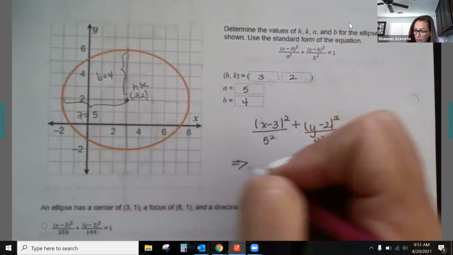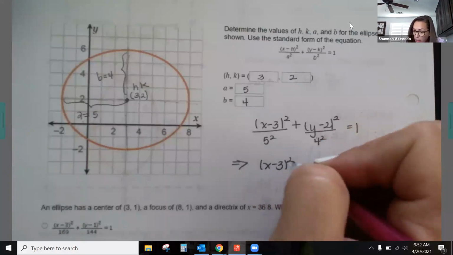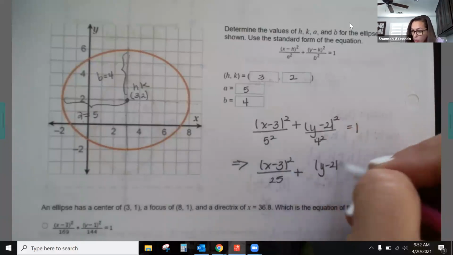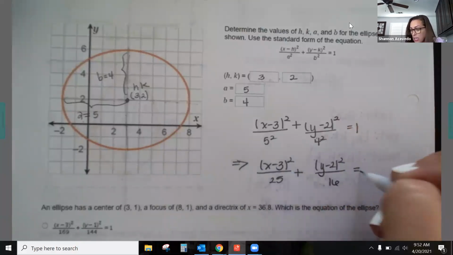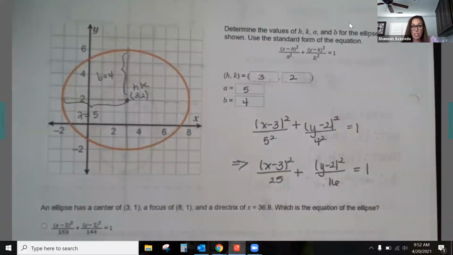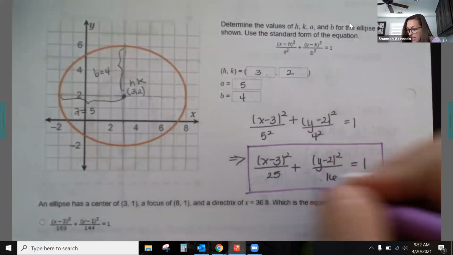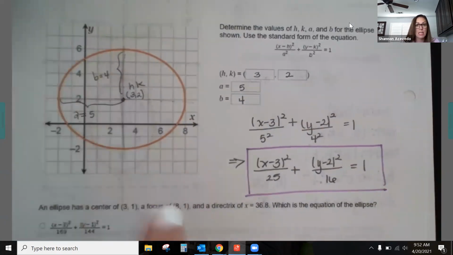In other words, x minus 3 squared over 25 plus y minus 2 squared over 16 is equal to 1. If they ask what is the equation of this ellipse, it's right there. From identifying just A, B, and the center, I have my equation.